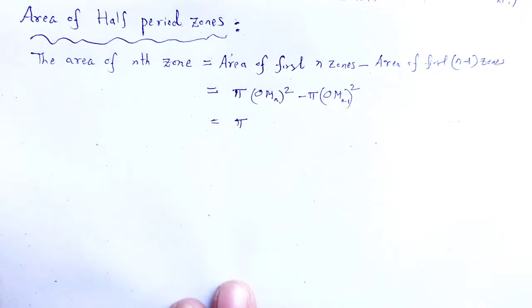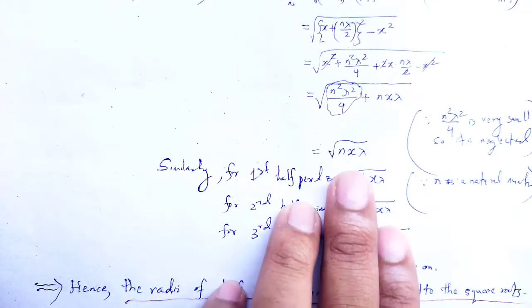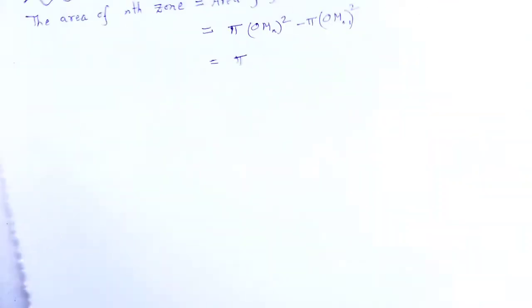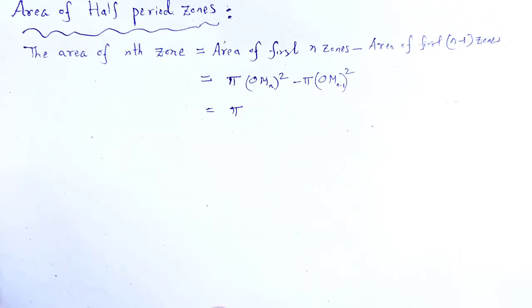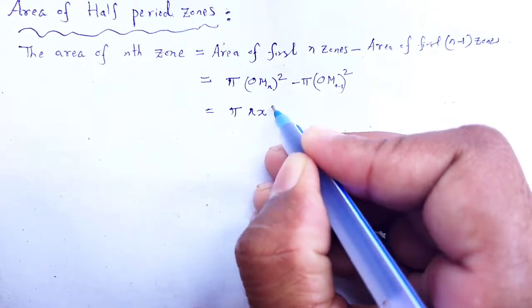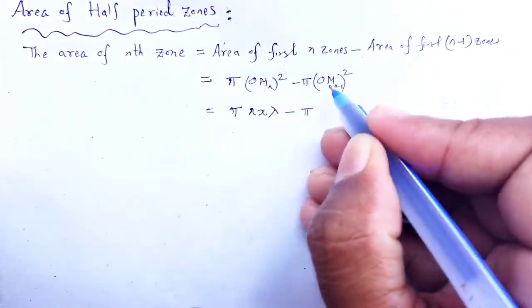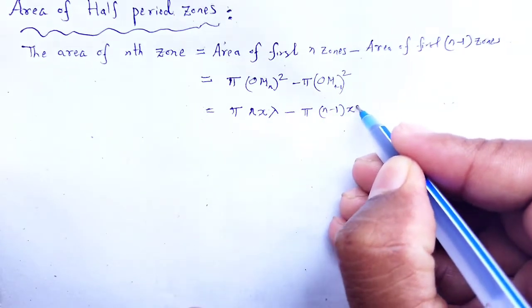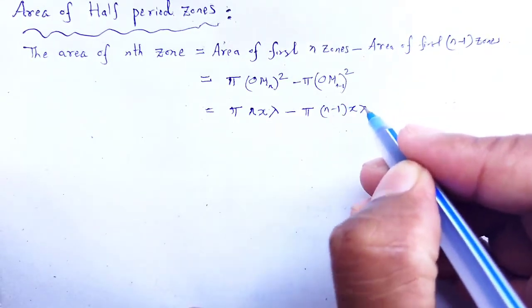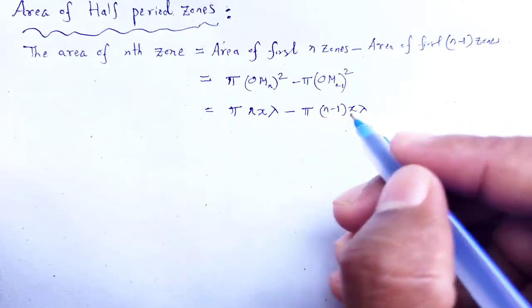Here putting the expression, pi times n x lambda, minus pi times (n minus 1) x lambda, as square of the root, we have only that value.